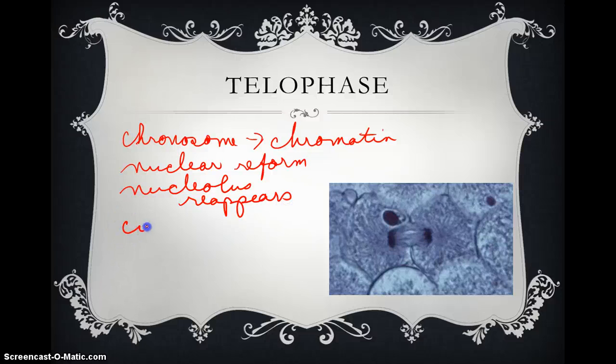And lastly, cytokinesis completes. You see that there are still a few fibers going across between the two cells here, but the cell membrane between them is nearly complete.